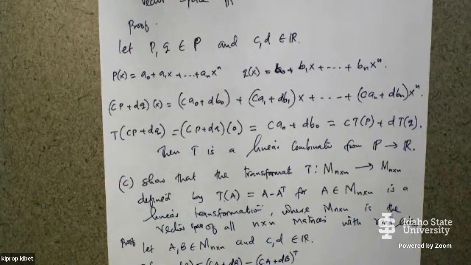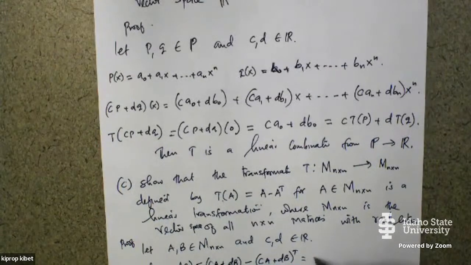Then now you open this. When you open that bracket, it is cA plus dB minus cA transpose minus dB transpose.